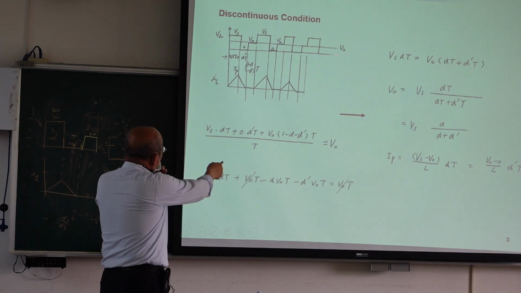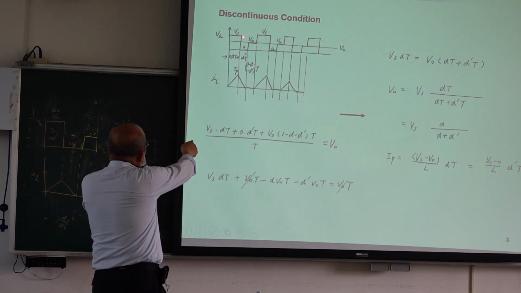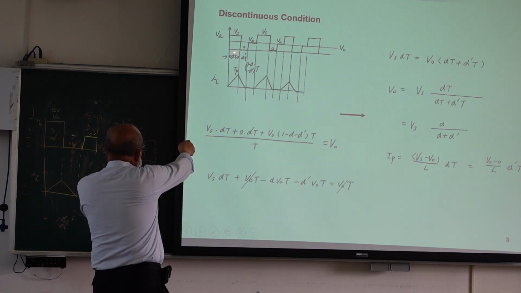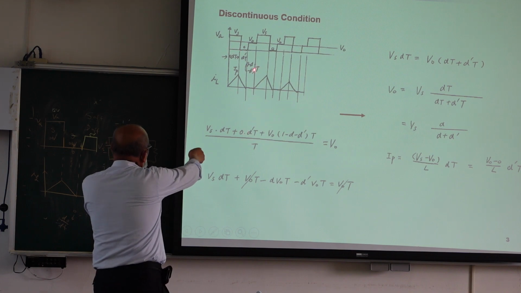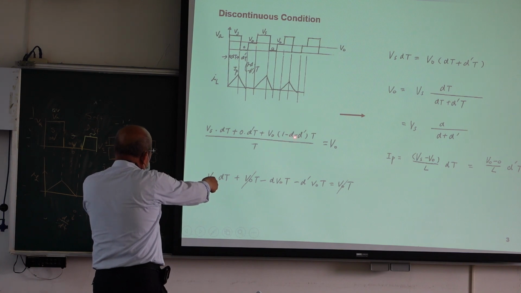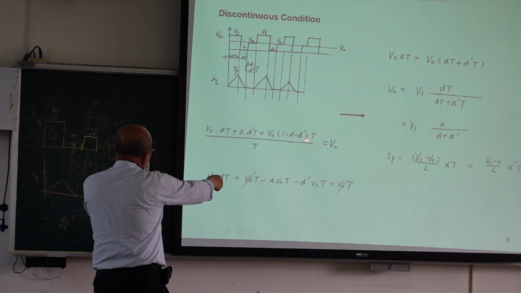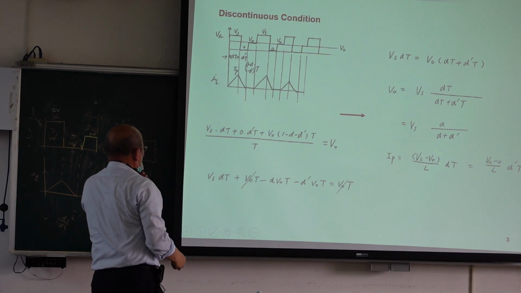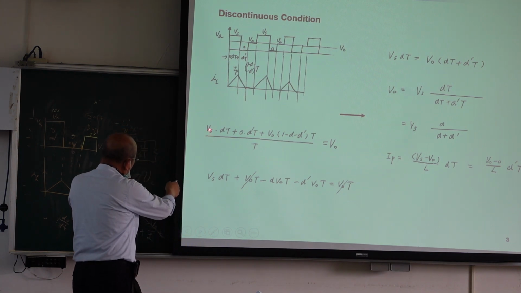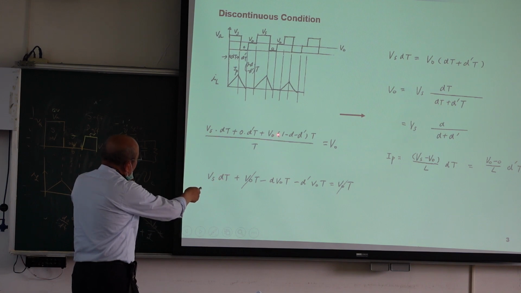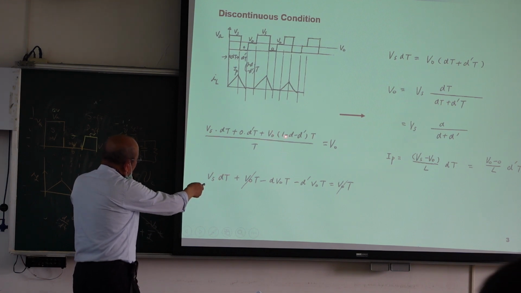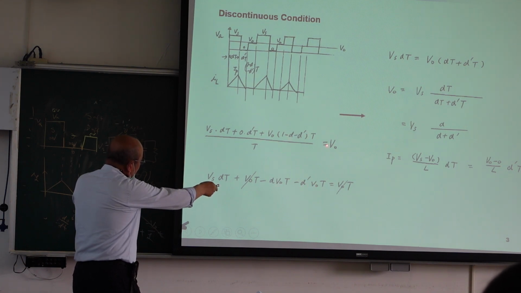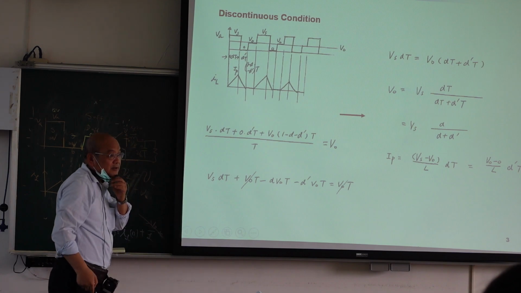So what is the average voltage VO? VO is equal to VS dT plus 0 d'T plus VO (1 minus d minus d')T, and this is divided by T. Then we can see VS dT, this is VOT minus dVOT minus d'VOT equal to VOT, right?